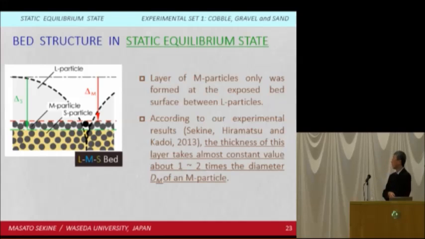According to our experiment, the thickness of this layer takes almost constant values, about 1 diameter or twice the diameter dm of M particles. That is a static equilibrium state.